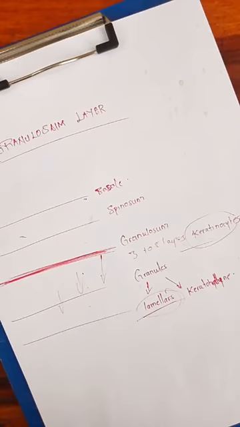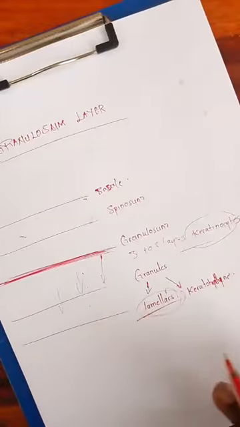It also has about 3 to 5 layers of keratinocytes that are filled with these granules, of which the lamellar granules release a lipid material which forms a hydrophobic barrier that helps in waterproofing the skin, preventing water loss from the skin.